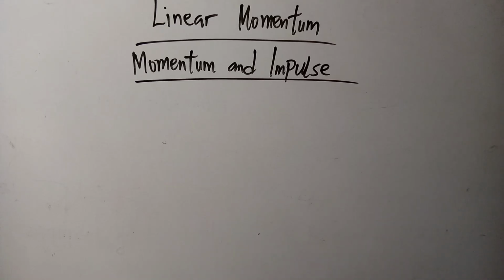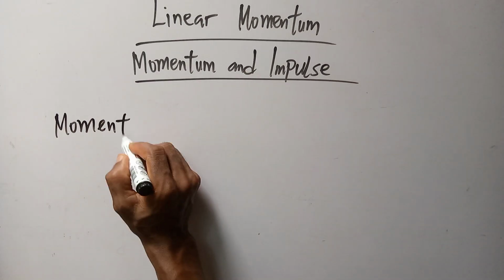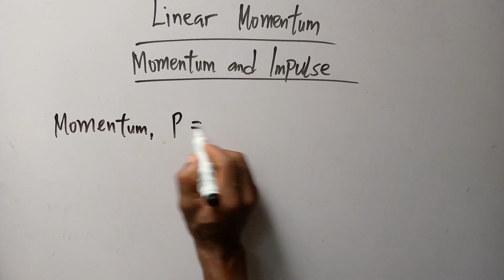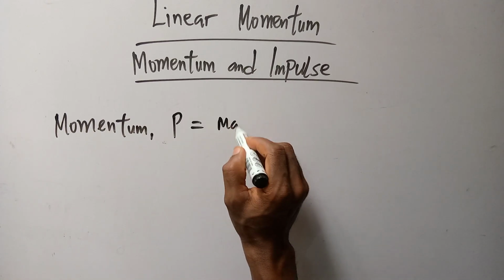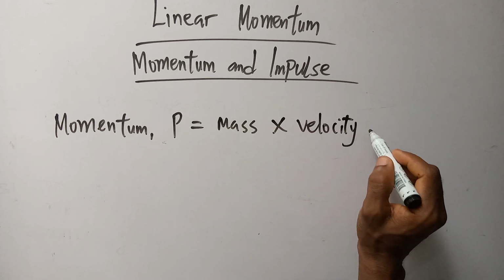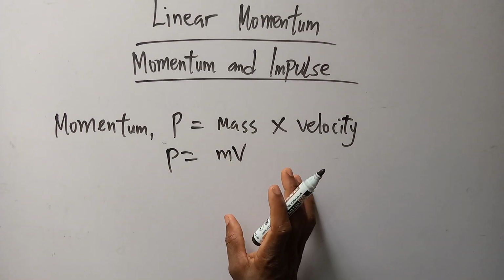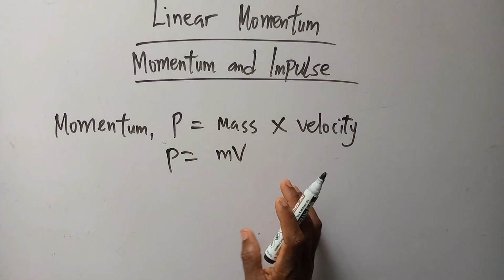Quickly, let's look at the formula for momentum and impulse. Now, momentum is calculated using mass times velocity, so P is equal to mv. This is the formula to calculate the momentum of a body.